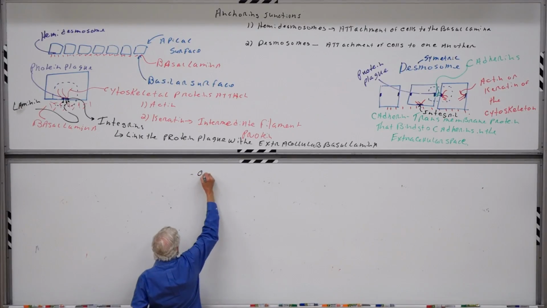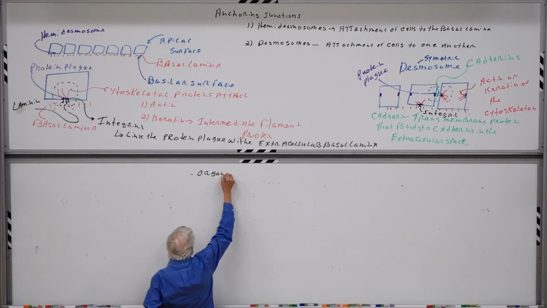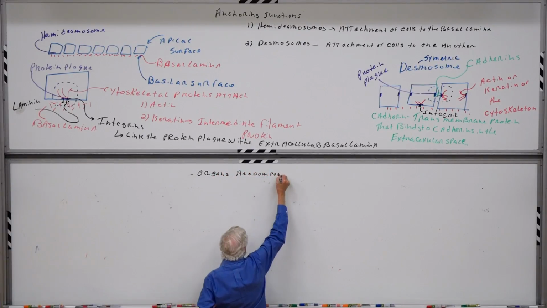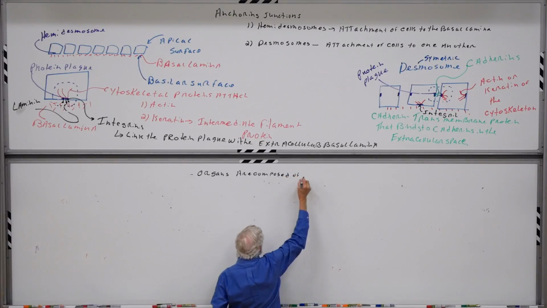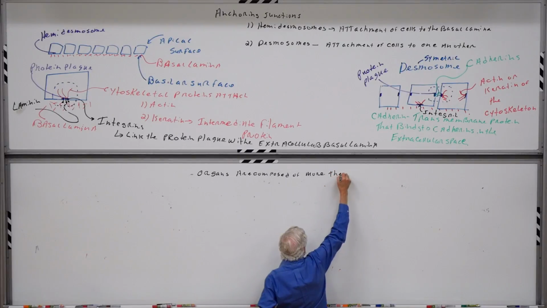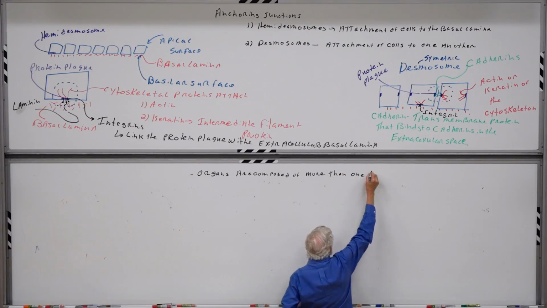So organs are composed of more than one tissue type.